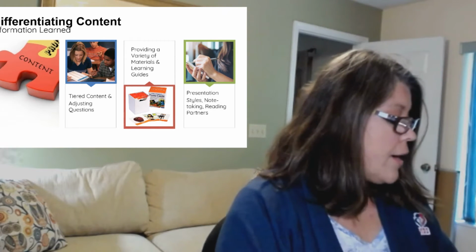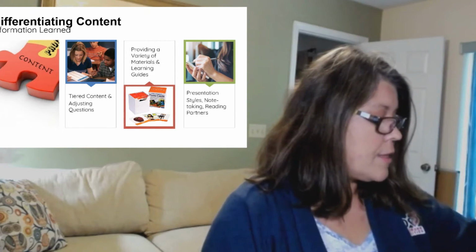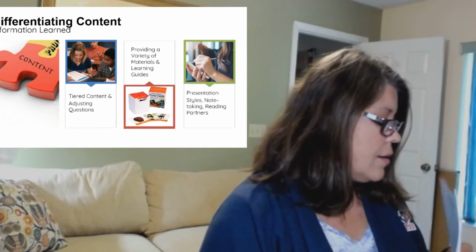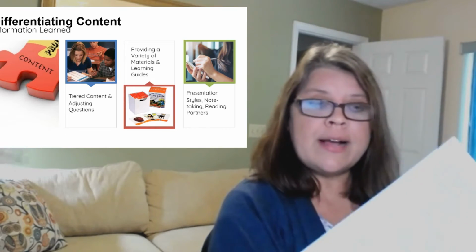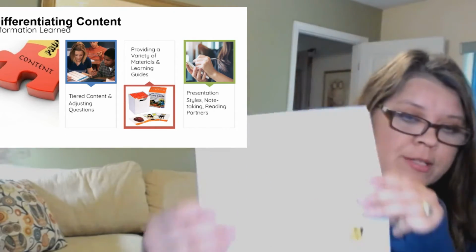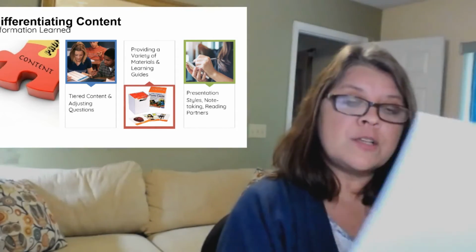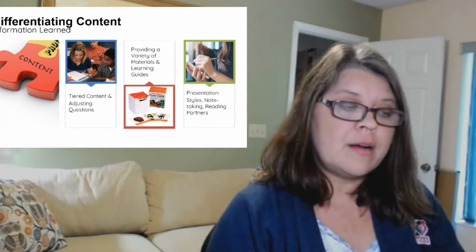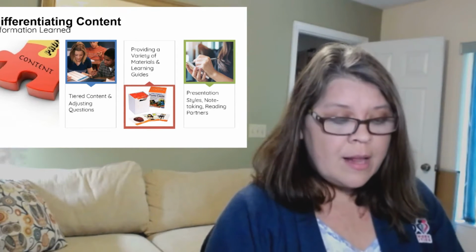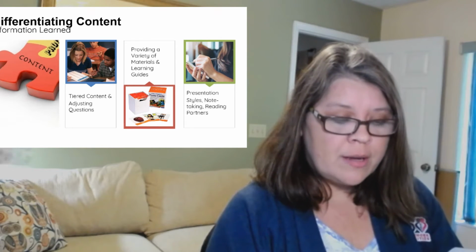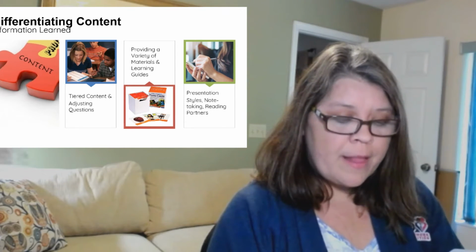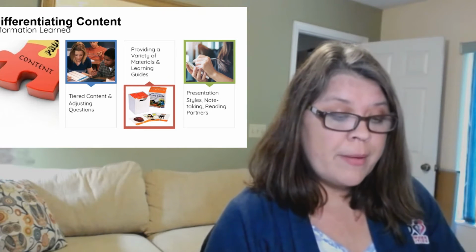various things. There are different things that I put in your packet. One of them is learning contracts for older kids. That's great because it helps them understand the purpose of learning and gives them some good outcomes, some good language on the benefits of having knowledge in certain topics.